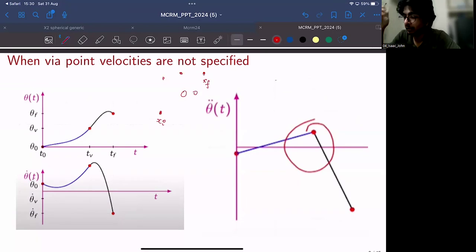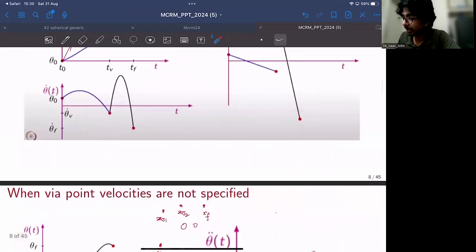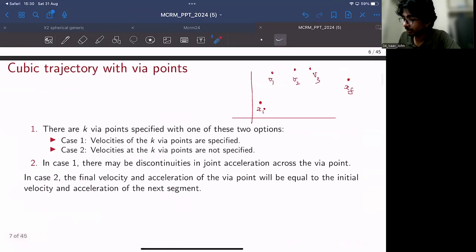What additional inputs are given? You are given the positions of the via points. That would be the inputs, maybe x v1, x v2. Velocities are not given, positions are given. As I have said, there are two ways of doing it: with the velocities specified, and without the velocities specified.